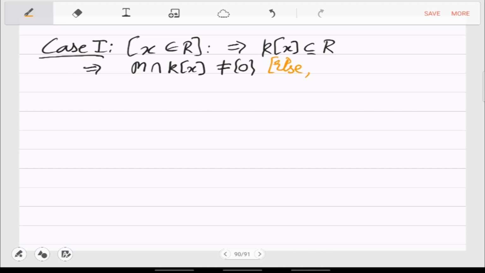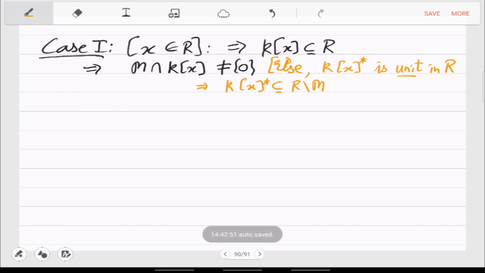If the intersection is 0, then every element in K[x] is invertible, so it is a unit, which means it is outside M but inside R, which will mean that the valuation is 0, the zero map.